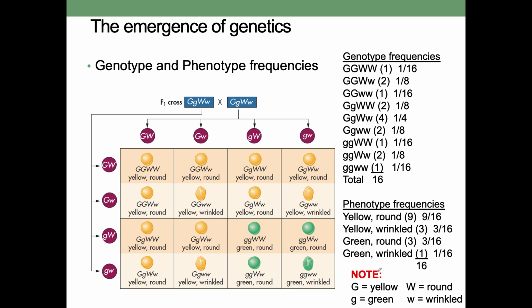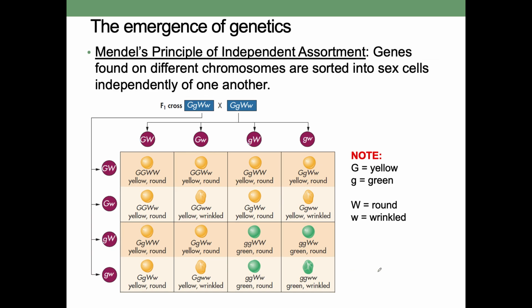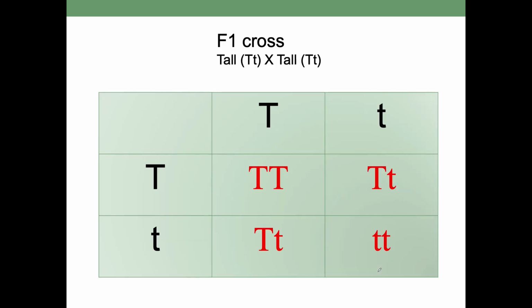We could calculate genotype and phenotype frequencies for this Punnett square just like we might do for the previous one. And so in this case, the genotype frequency would be 1 out of 4 is homozygous dominant, 1 out of 4 is homozygous recessive, and 2 out of 4 are heterozygous.